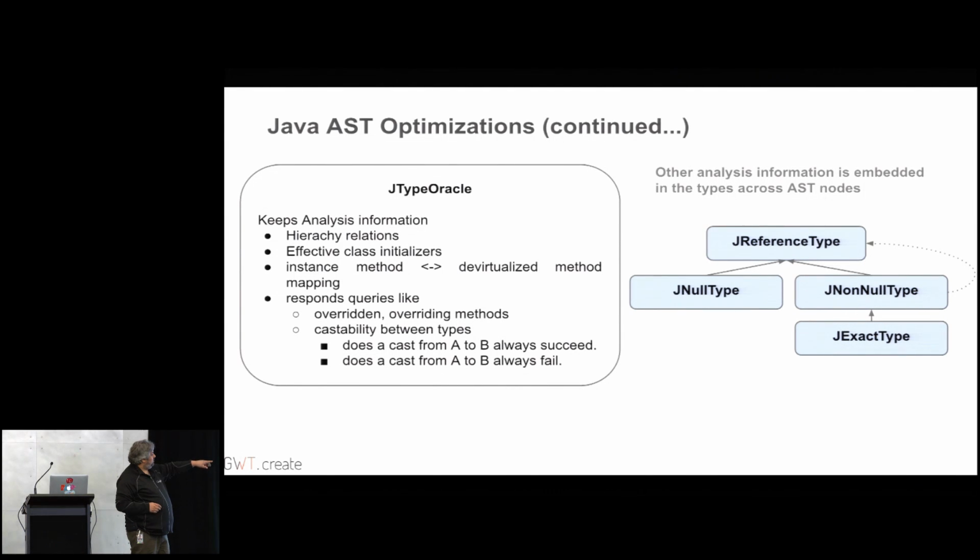We have analysis types: if you discover that a variable is always null, we replace its type and say the type of this variable is a null type. If we discover a variable is never null, then this is a non-null type. If we discover that the variable can only hold an object of a specific class and no subclasses, and it's not null, then it's an exact type. I'll go over that in more detail.